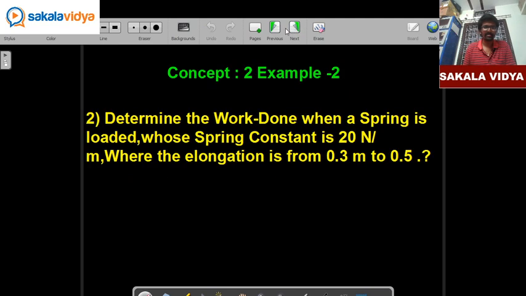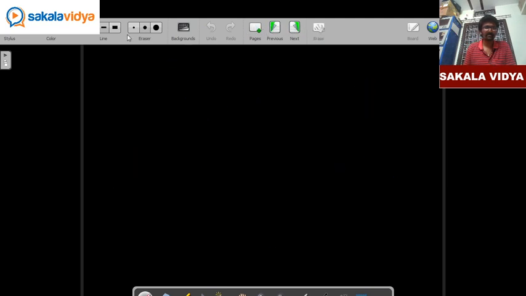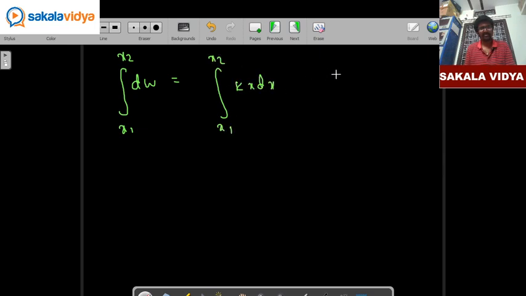So then our equation becomes integration of dW from x1 to x2 is equal to integration from x1 to x2 of kx dx. As we know, integration of x dx is nothing but x square by 2.